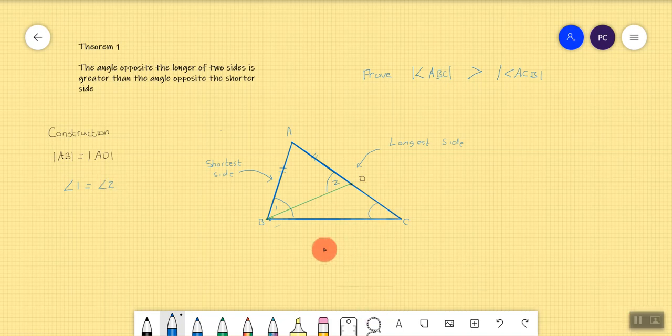And then we'll name these angles down here. We'll call this angle 4, and we'll call this angle 5. And what we can say about these angles here is that angle 2, which is an exterior angle, is greater than angle 4.